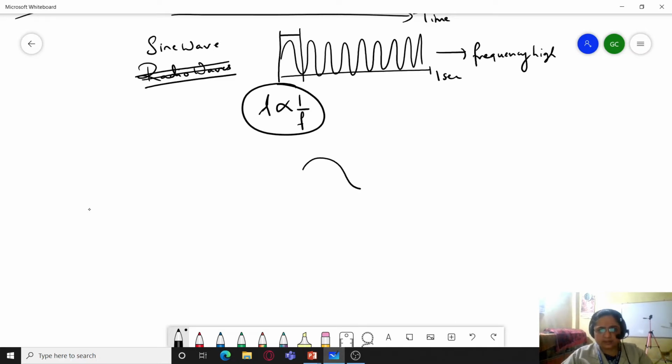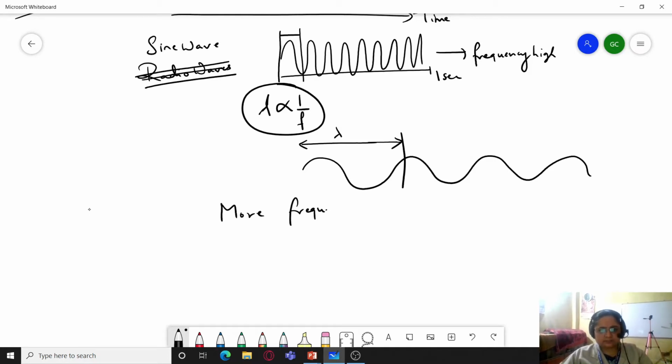And if you decrease the frequency, you can see that the wavelength is more. Got it? Less frequency, more wavelength, and more frequency, less wavelength.